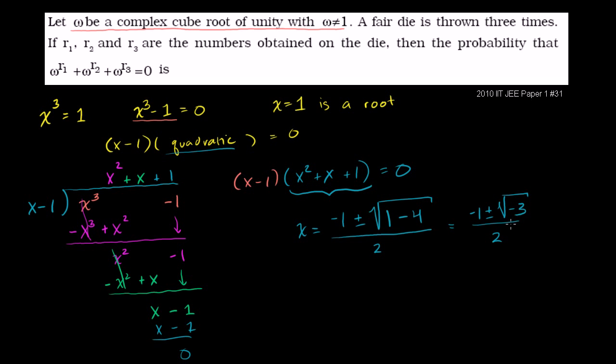Now, what's the square root of negative 3? We could write this square root of negative 3 as the same thing as the square root of negative 1 times the square root of 3. And this we know from studying imaginary numbers and complex numbers. This is i. That right there is i.